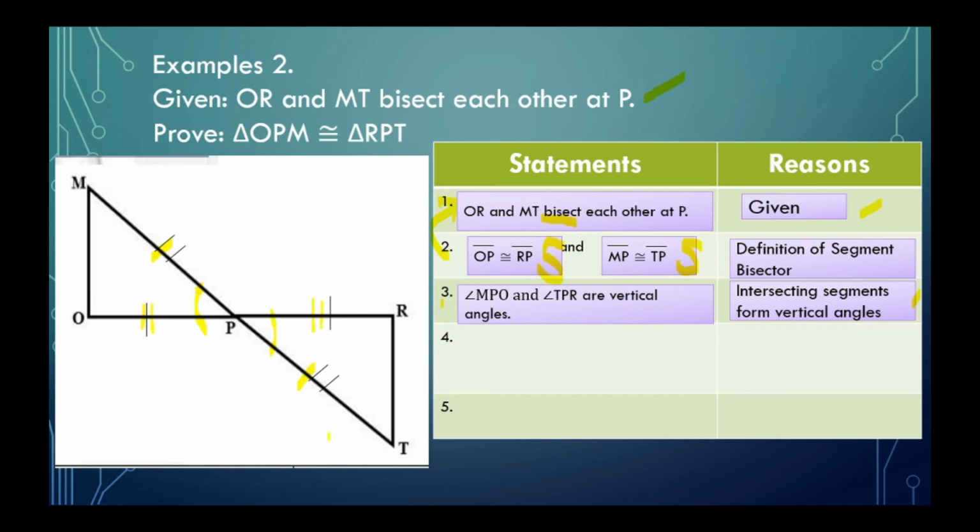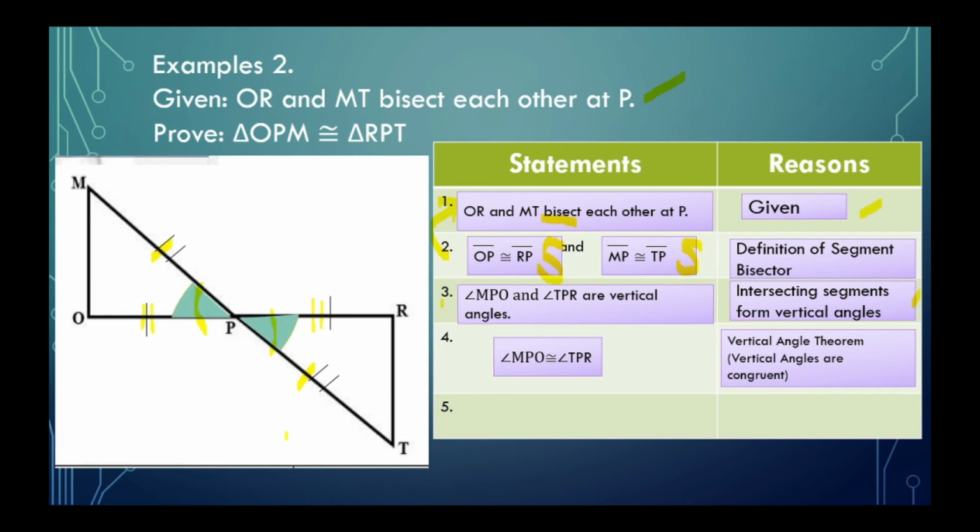Now, as soon na nag-intersect ang dalawang segment, may mabubuo tayo diyang vertical angles. Now, if they are vertical angles, ano ngayon kung vertical angles? So, we can say that angle MPO is congruent to angle TPR. That is the vertical angle theorem. O, diba? May theorem tayong na-reason out. So, that is the two angles.